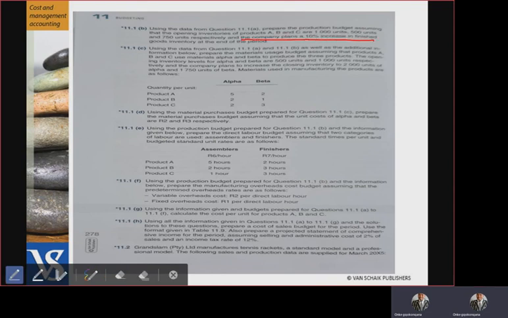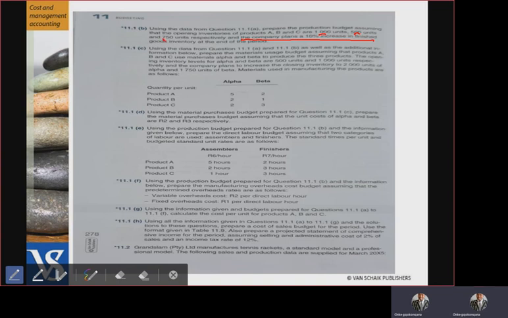The company plans a 10% increase in finished goods inventory at the end of the period. So it means this 10% we're going to factor in our opening. So your opening for product A was 1,000 units. We need to add the 10% to this, and we're going to add another 10% for product B and another 10% for product C.